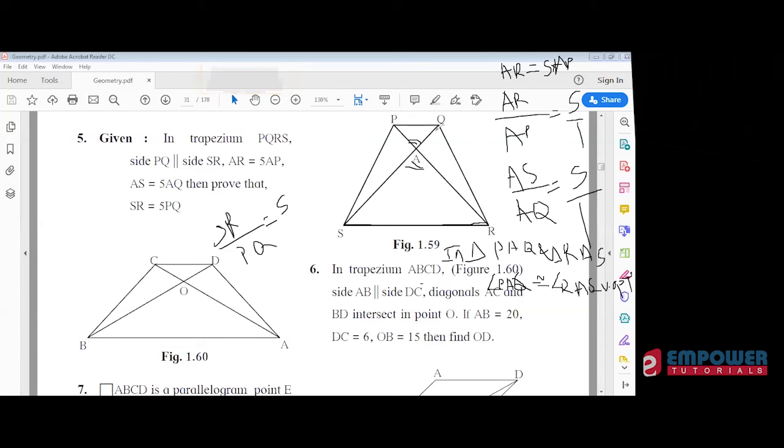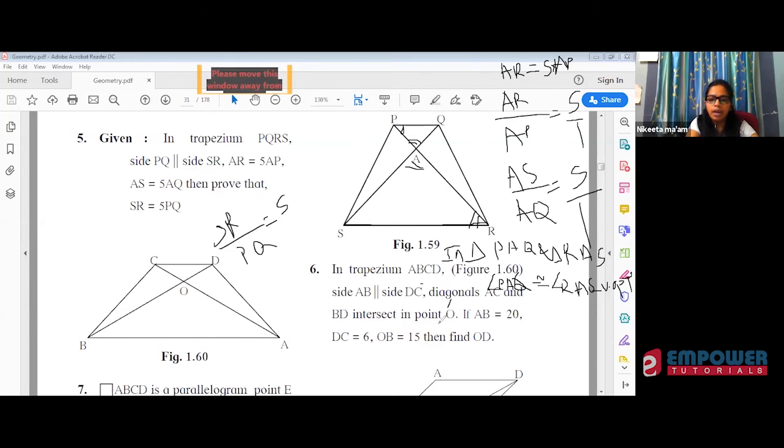After that, we know these two are parallel, so I can say that angle QPA is congruent to angle ARS, alternate interior angles. So by the AA test, I can say that triangle PAQ is similar to triangle RAS.